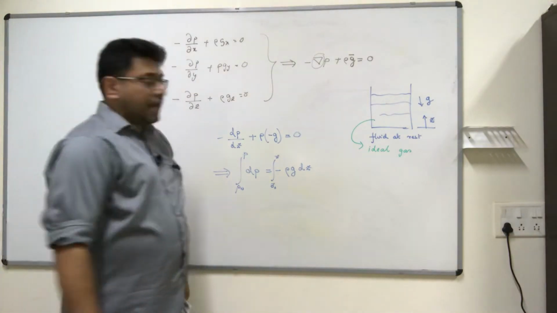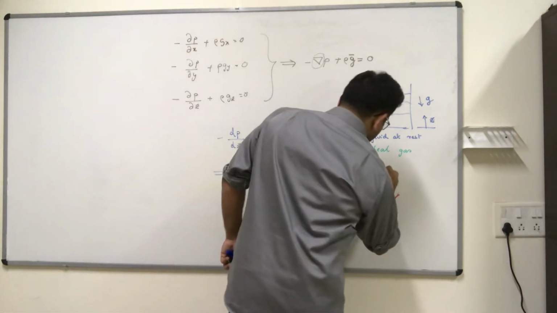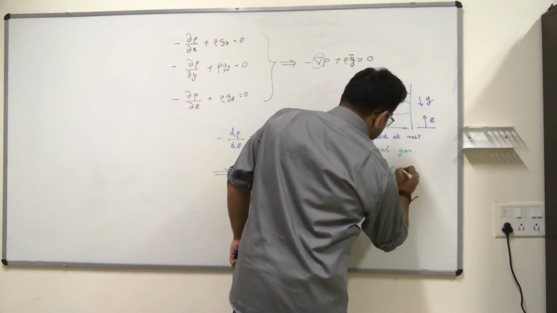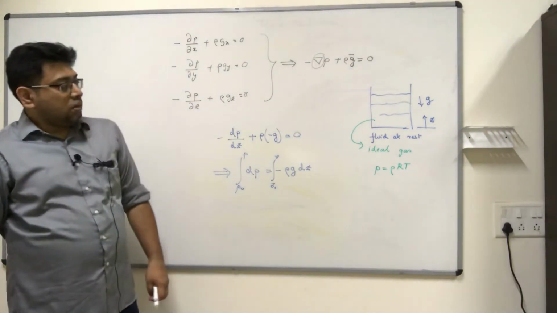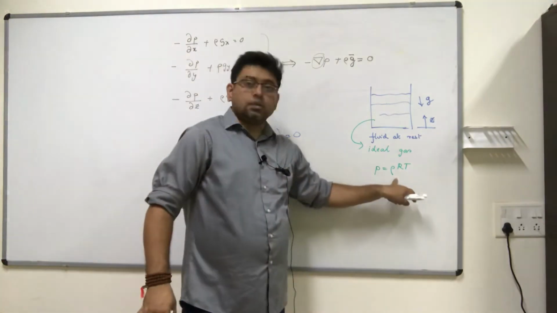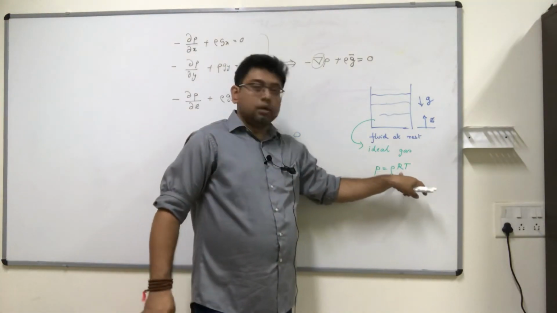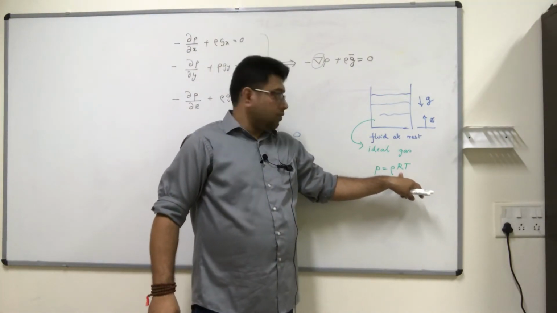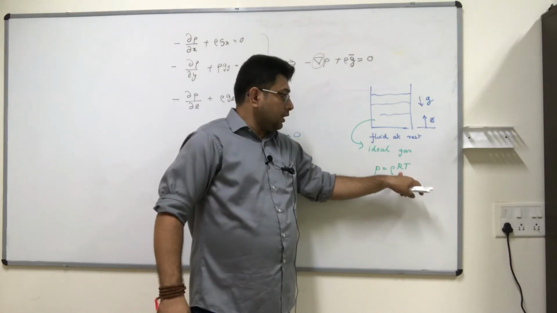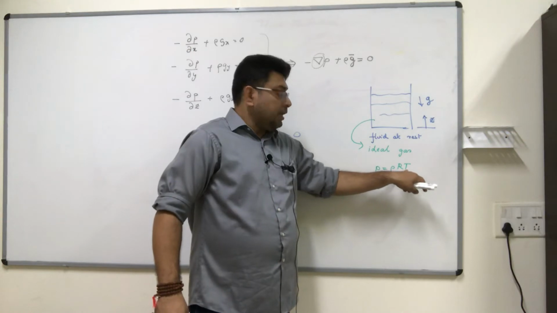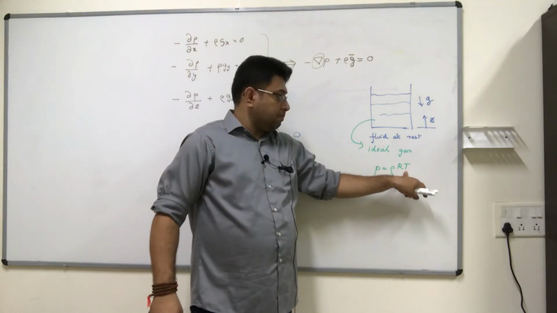And if it is ideal gas, then your pressure is given as P is rho times RT, where rho is the density, R is the constant here of the ideal gas equation of state, and T is the temperature in Kelvin, right?